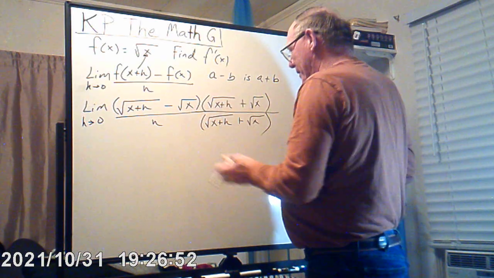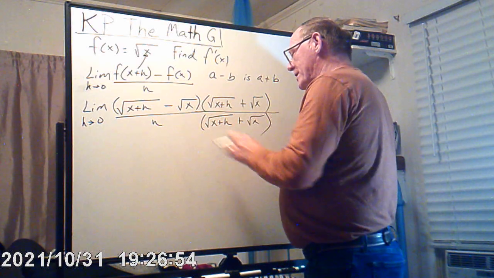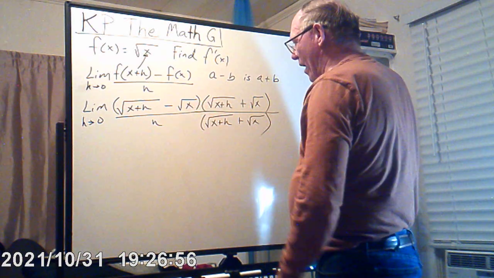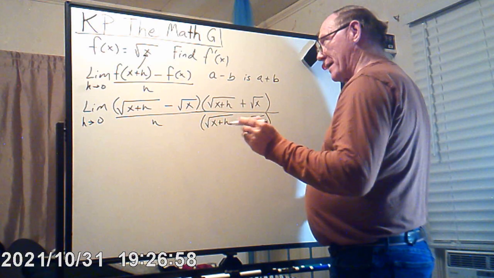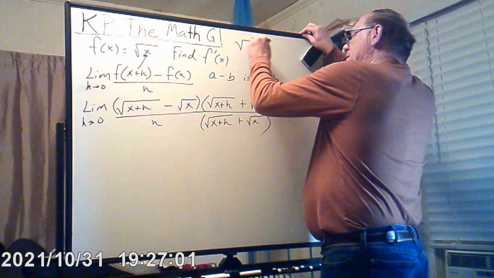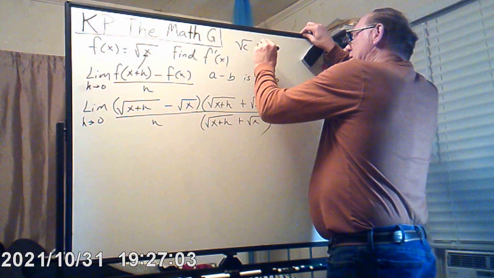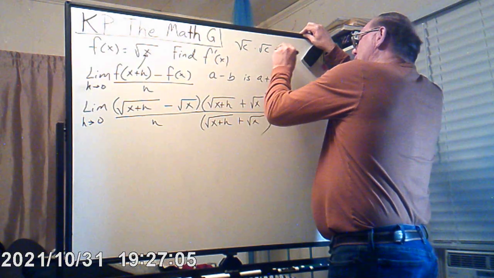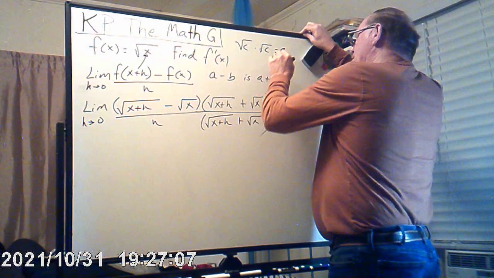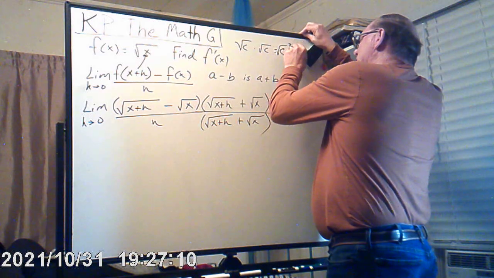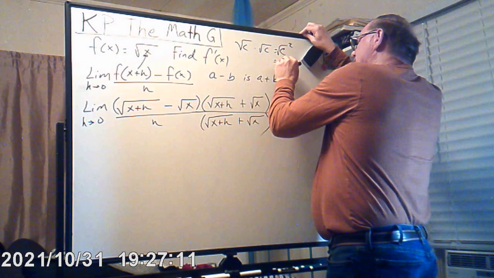So this is what we do here. Let's multiply this thing out. Keep in mind that the square root of c times the square root of c is just c. It's the square root of c squared, which is just c.